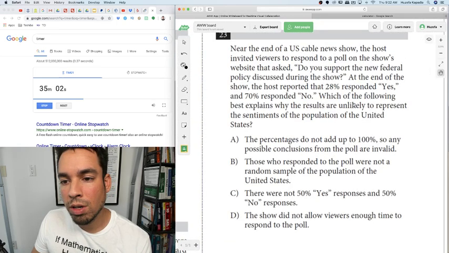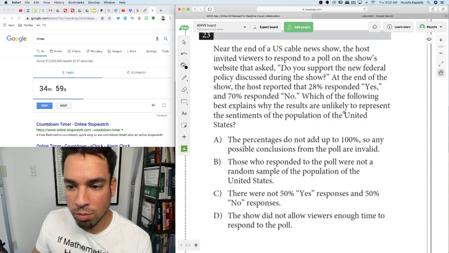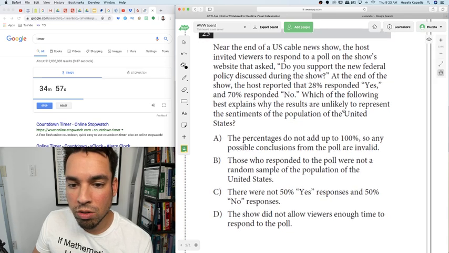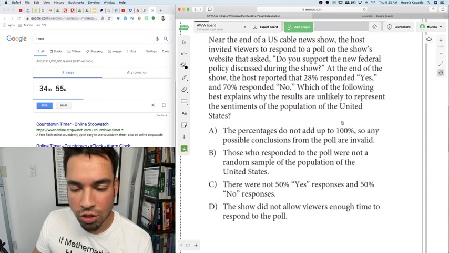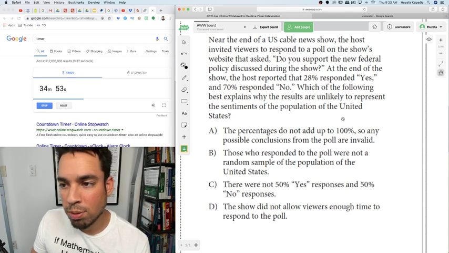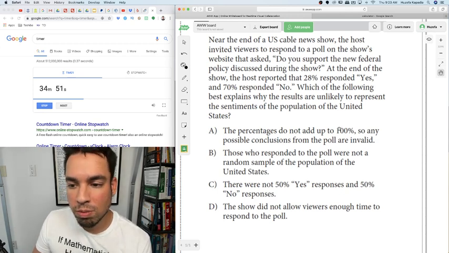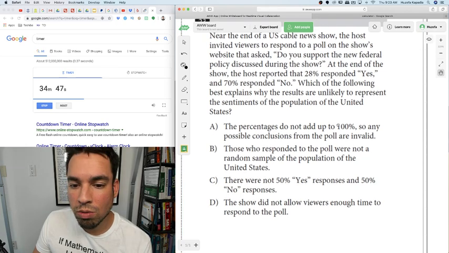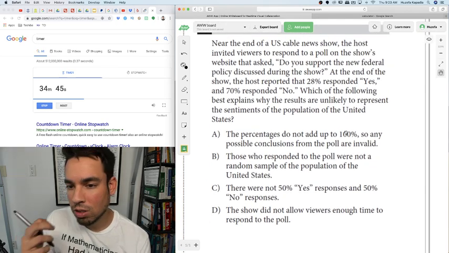Near the end of a U.S. cable news show, the host invited viewers to respond to a poll. The show's website asked, "Do you support the new federal policy discussed during the show?" At the end of the show, the host reported that 28% responded yes, 70% responded no. Which of the following best explains why the results are unlikely to represent the sentiments of the population of the United States? Hold on.